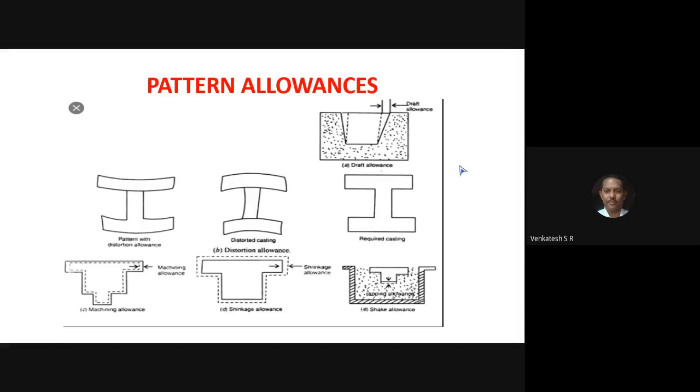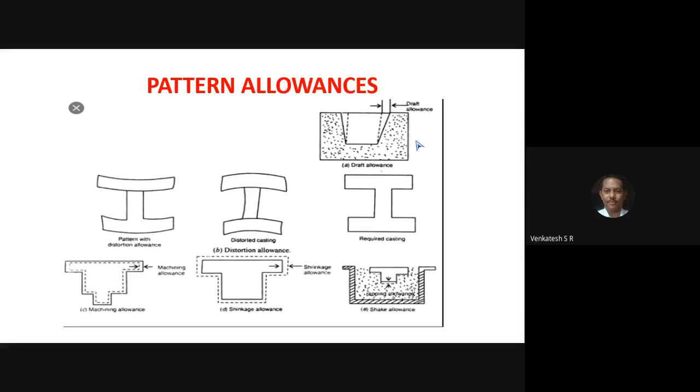In the sand mold, all of you observe here. The first allowance in the mold cavity is draft allowance. Suppose you require a rectangular or prism type of casting. If you make the exact shape, the exact rectangular prism, then lifting the pattern from the mold cavity is a little bit difficult.